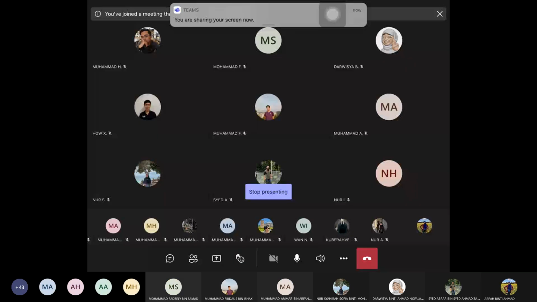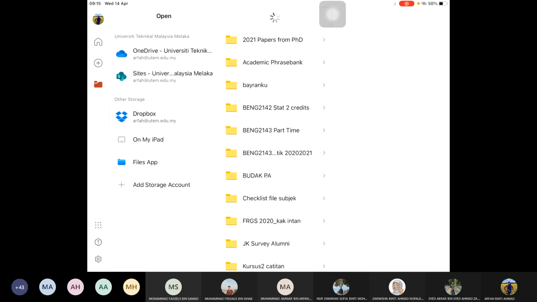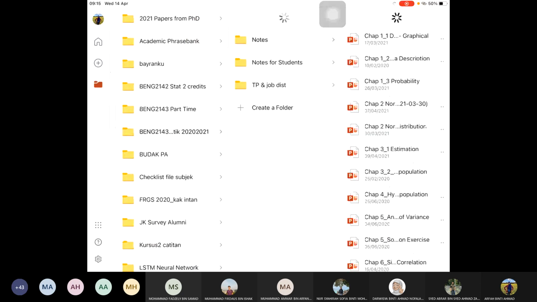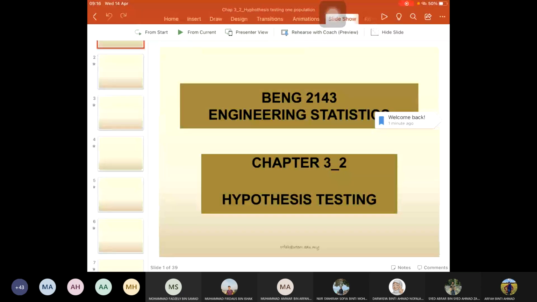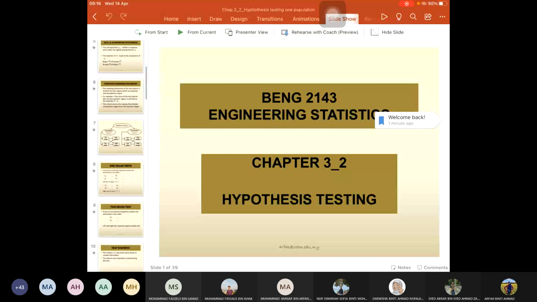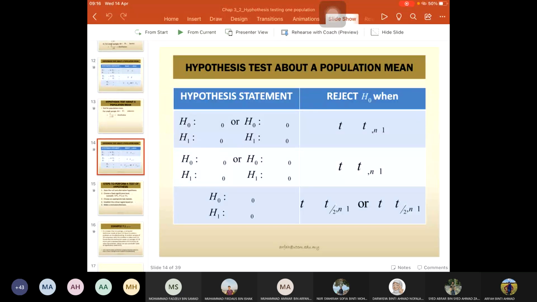So tadi kita dah tengok dia punya statement. So ini adalah kena buka balik note with chapter 3_2. Okay. Traditional way sometimes works better.